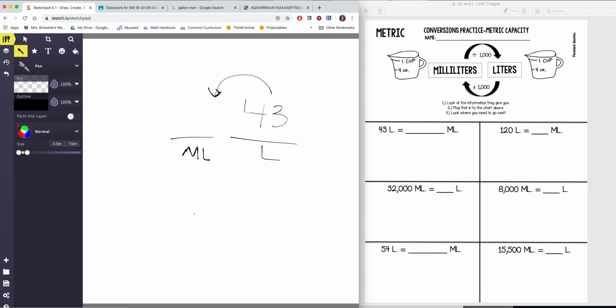Now, I will show you the actual math just to verify your answer, but when we're multiplying and dividing by units of 10, 100, 1,000, we know that we can move our decimal point. So in the number 43, it's a whole number. In a whole number, we know our decimal point is always after the ones place.